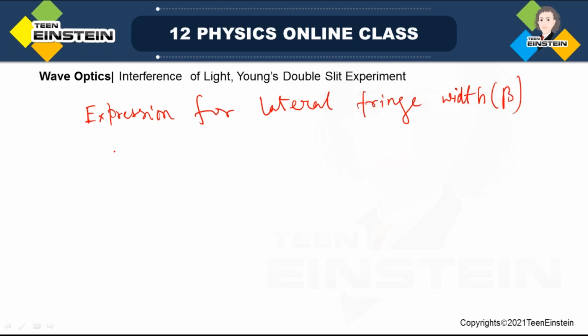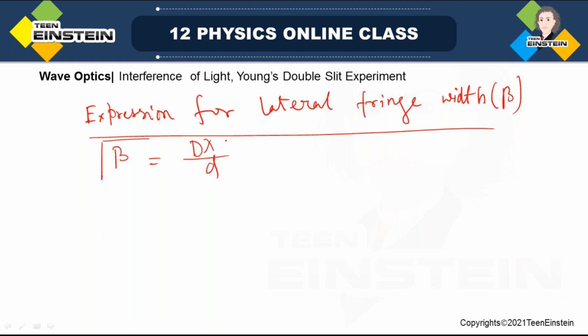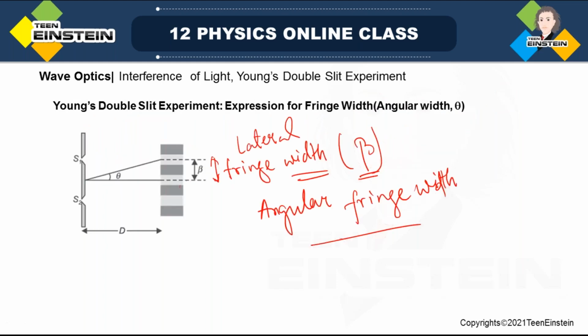What is that? Beta is equal to capital D into lambda by small d. Very nice. Okay, so if suppose you are asked to find out angular fringe width, so what will you do there?